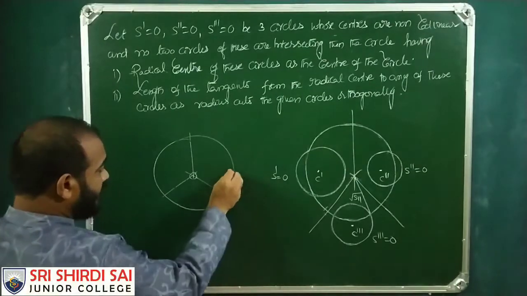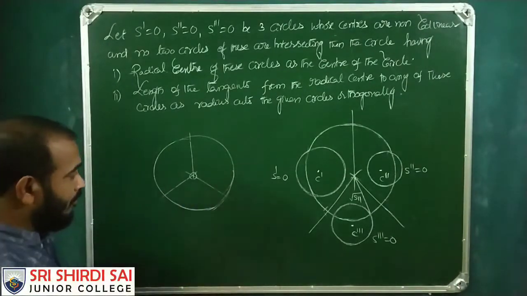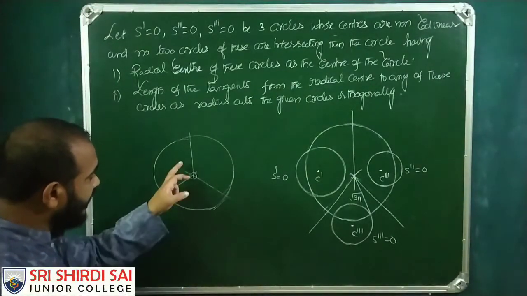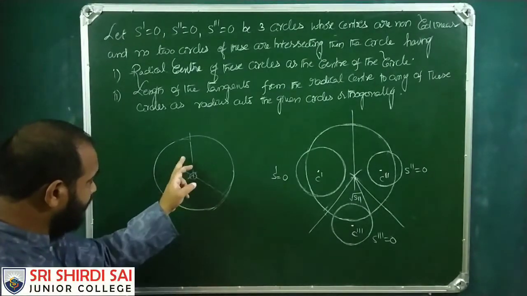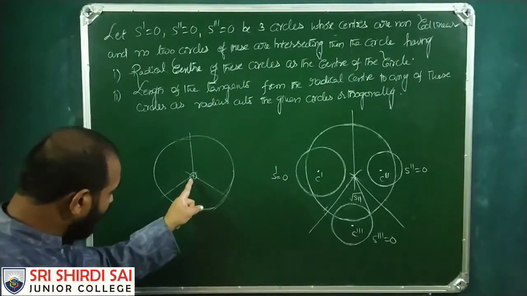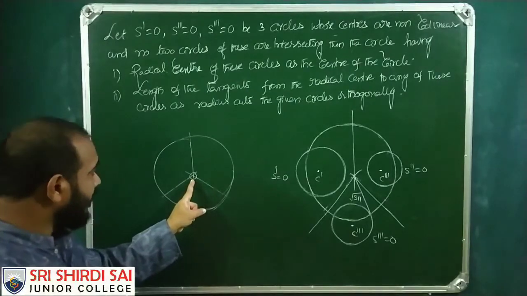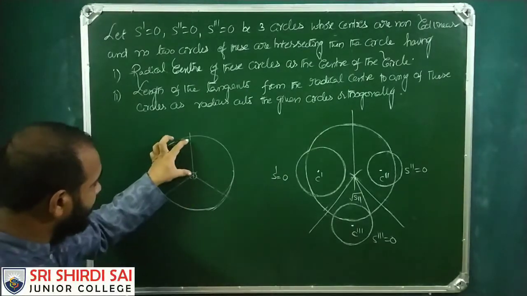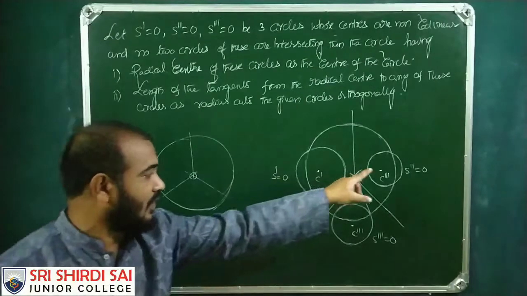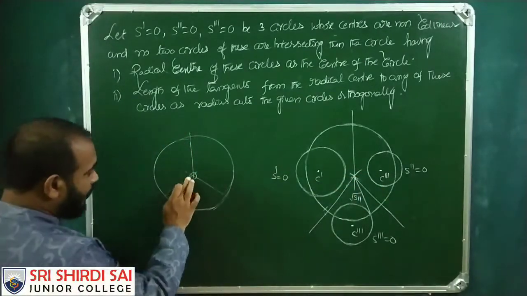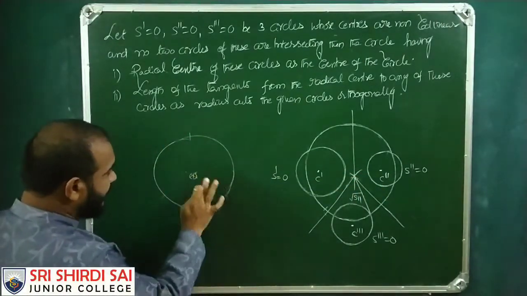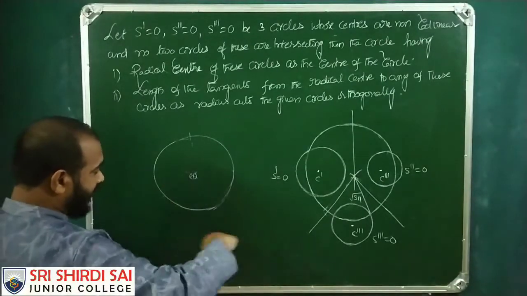Again I am telling you, this big circle is formed by the three radical axes. This big circle's center is the point of concurrence of the radical axes of these three circles. Therefore this radical center is the center of the big circle.